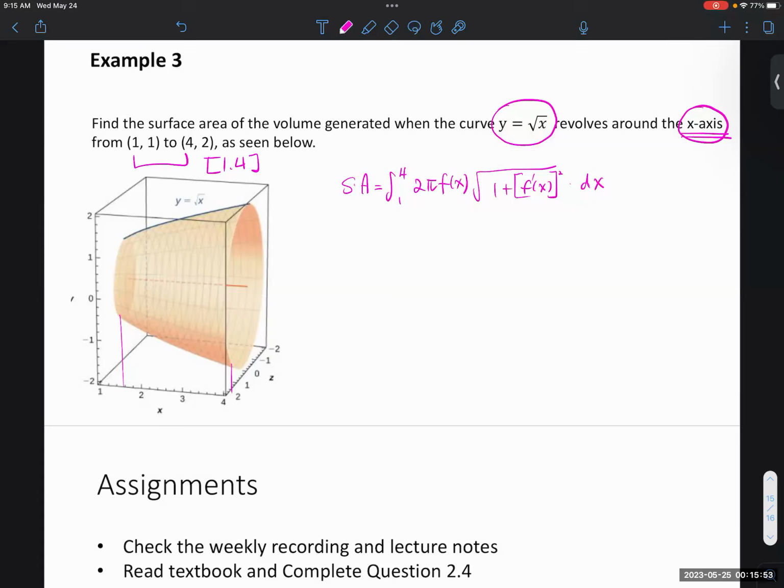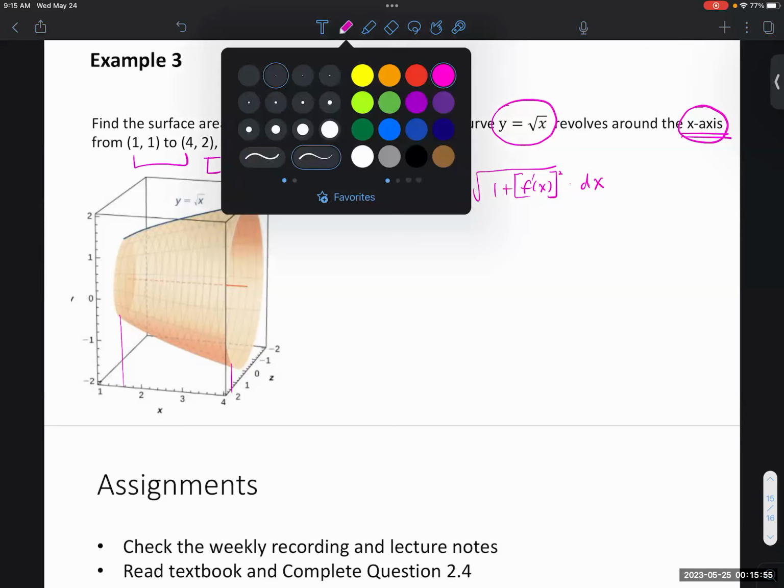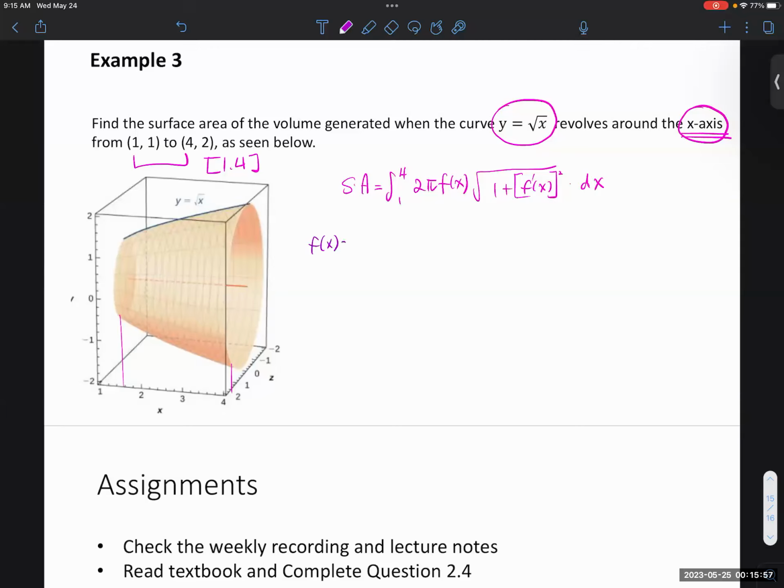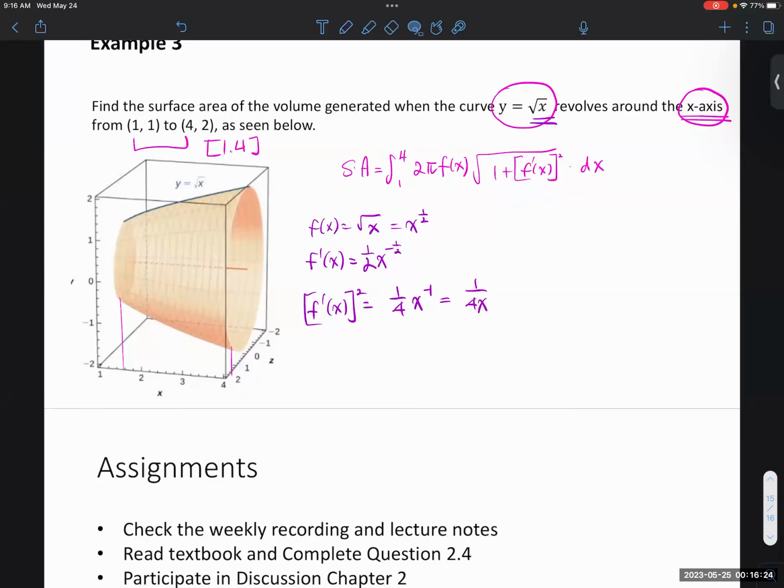That's a 2 pi r. So let's plug in. First, f of x is already radical x. We don't need to convert anything. For f prime, this is x to the 1 over 2, so you have 1 over 2 x to the negative 1 over 2. F prime squared is 1 over 4x to the negative 1, which means 1 over 4x. Correct? So you can set up this equation now.